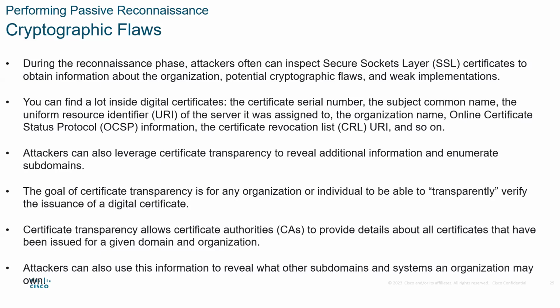Now, in the process of ensuring that these things are hidden, as it were, a lot is inside those certificates: their serial numbers, the common name of that subject, where their resources are identified or stored on the server, and the organization name. Based on the issues that people faced before, attackers have been able to leverage this transparency.